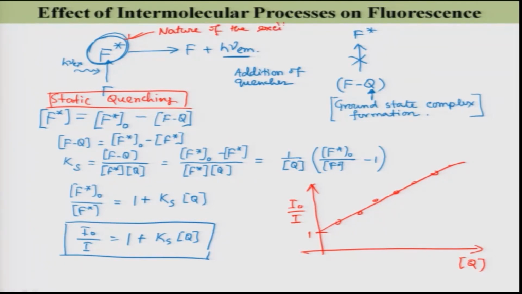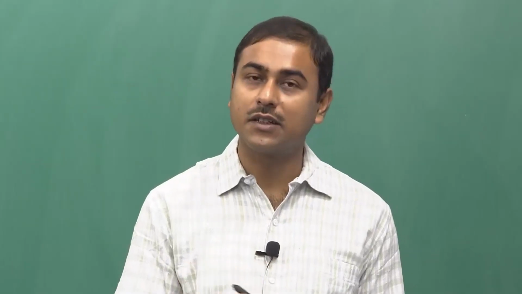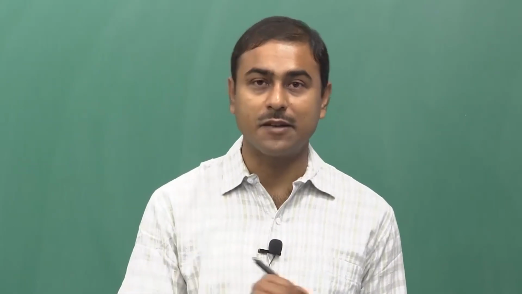So, there is no change in the excited state property. Whatever the value of Kr and Kn, they remain the same, which means there will be no change in the lifetime.